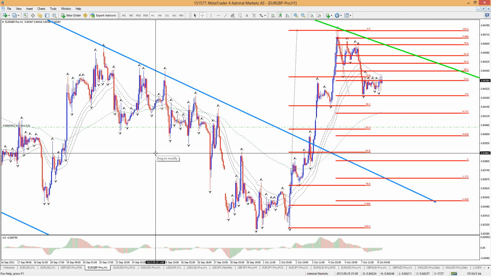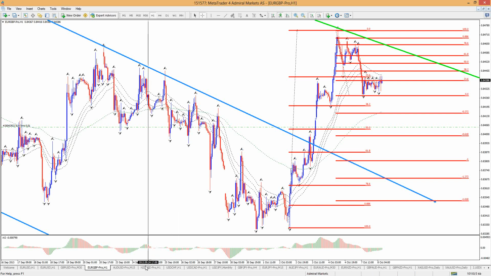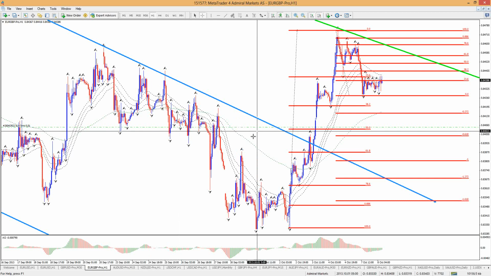Alrighty. Any questions regarding the trade idea? Otherwise, we can move on to the pound odd. Pound odd looks like a very good reversal signal.